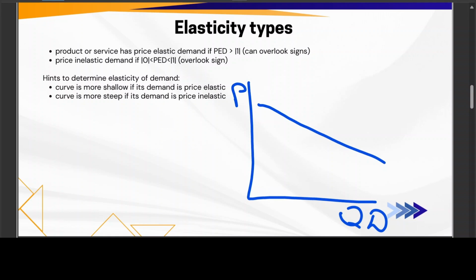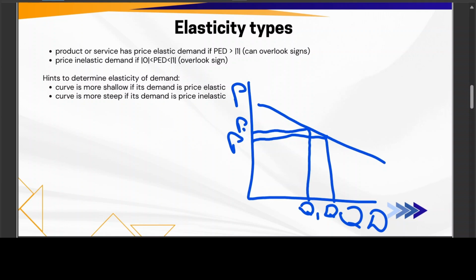If the demand curve is shallow, near the horizontal, you can conclude that it is price elastic demand. Because you can draw like this. This is the first quantity demanded, and this is price. So let's say price changed a little bit. It rose. And if you look at that, quantity changed a lot.